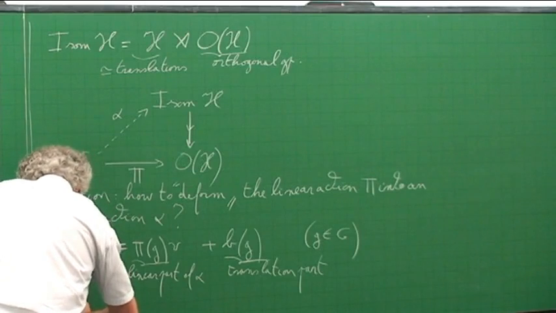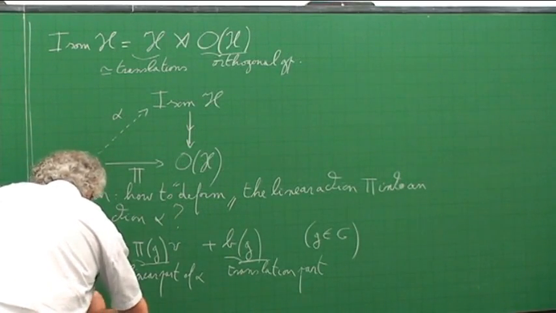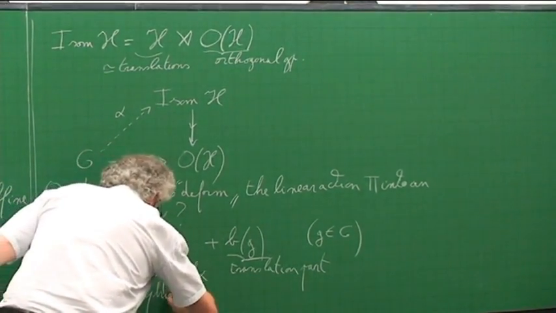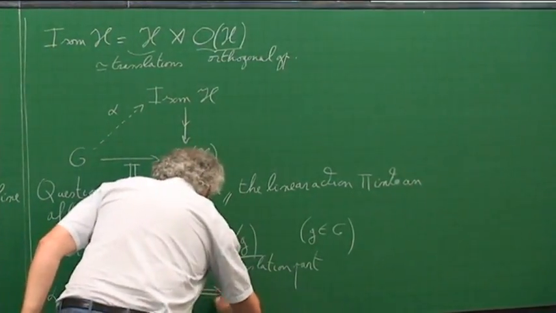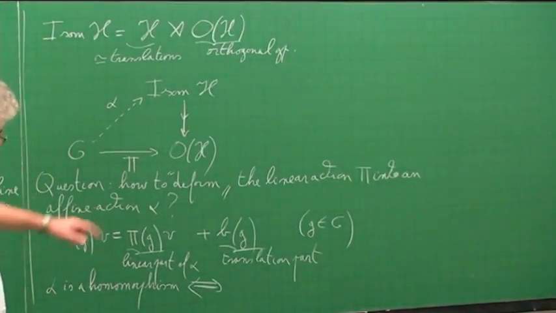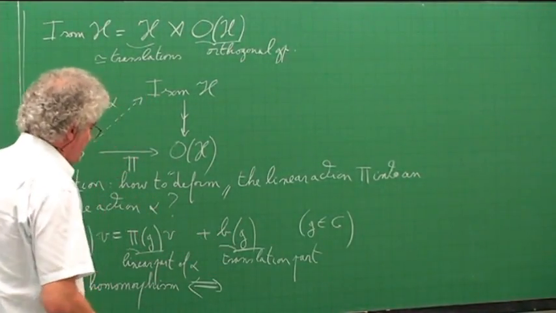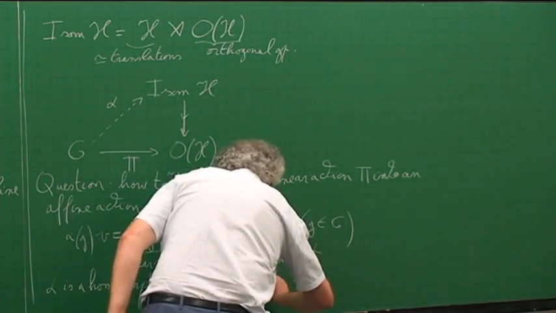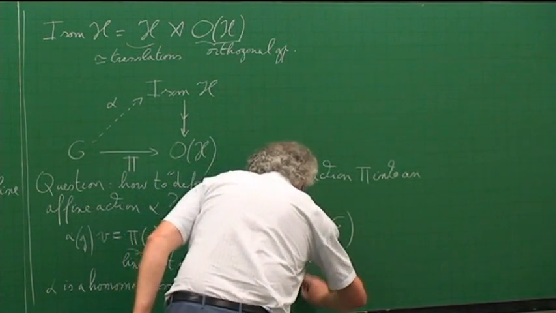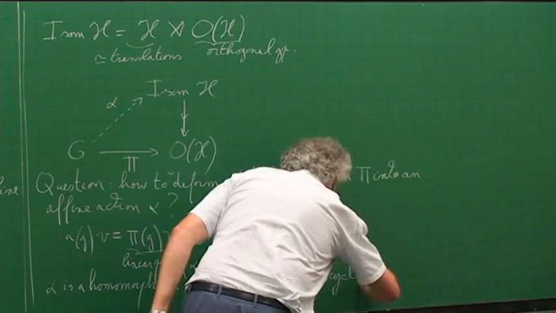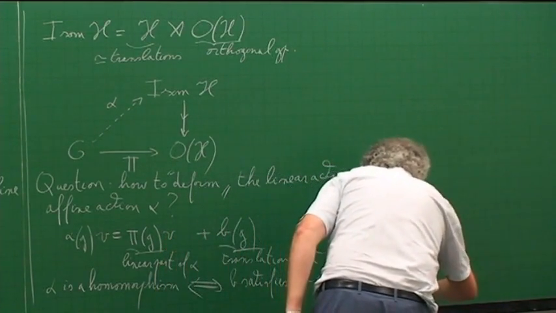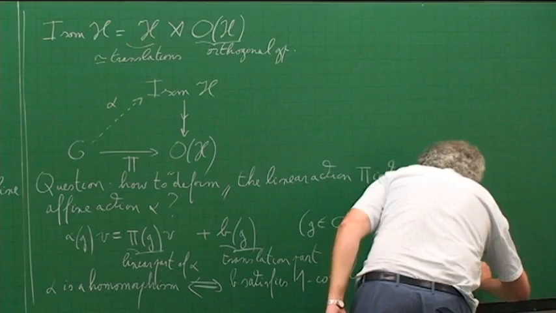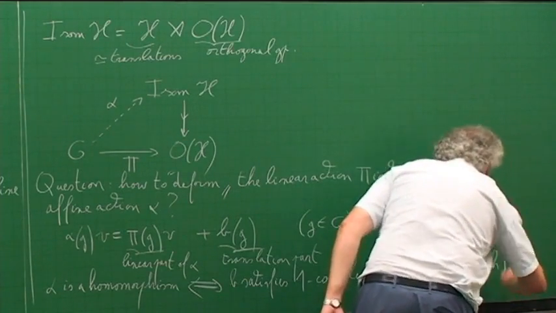And when you express that alpha is a homomorphism, when you express multiplicativity, you see this is equivalent to a one-cocycle relation on the translation part. So b satisfies the one-cocycle relation: b of gh is pi of g applied to b of h plus b of g.